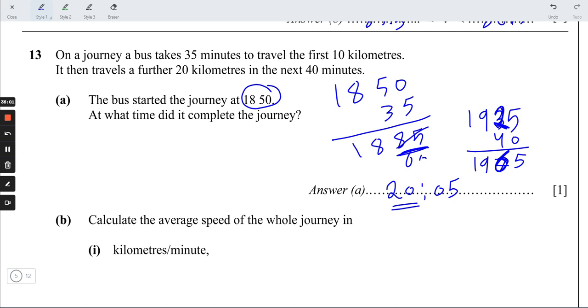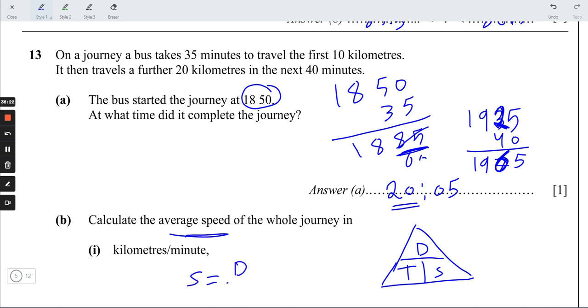Calculate the average speed of the whole journey in kilometers per minute. They need to find the average speed. We know that to find the speed or distance or time, we have this triangle here. D is up and time here with speed here. So they need speed. So the speed equals distance over time, and we have a distance.